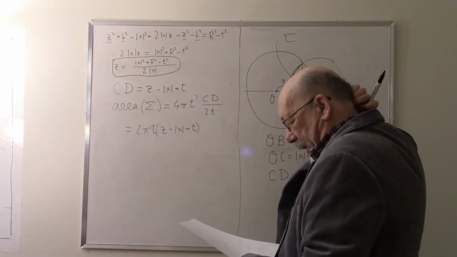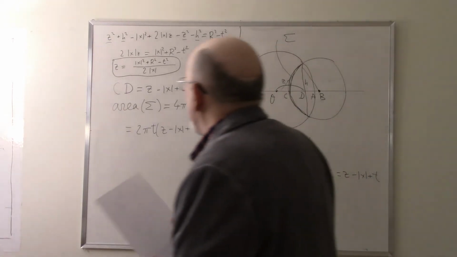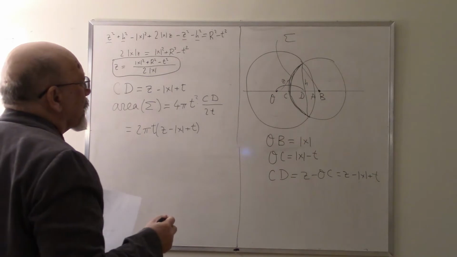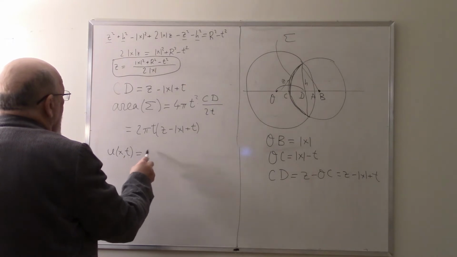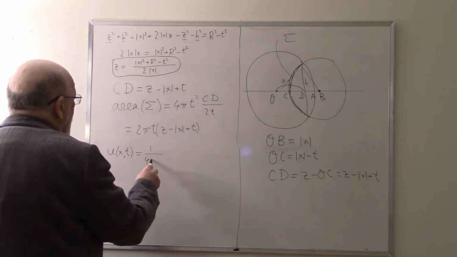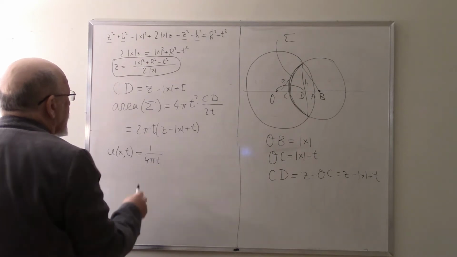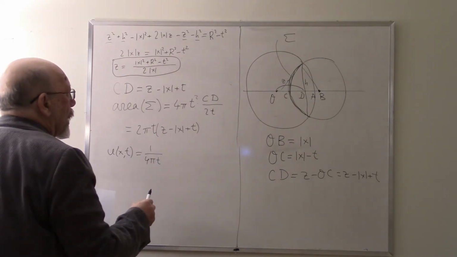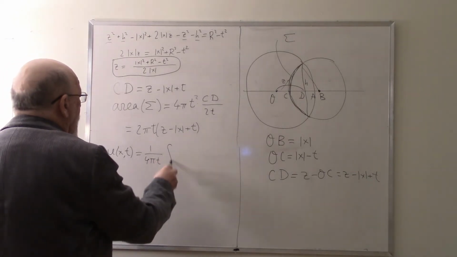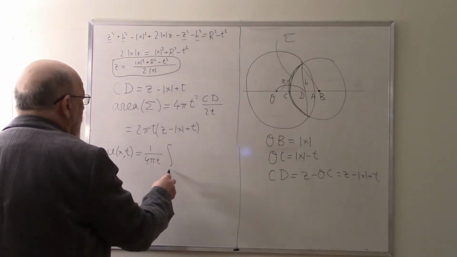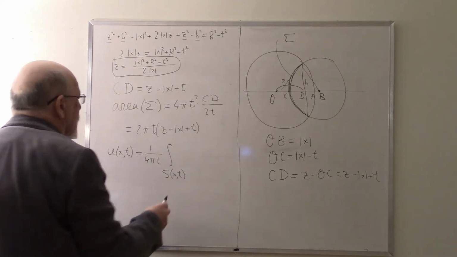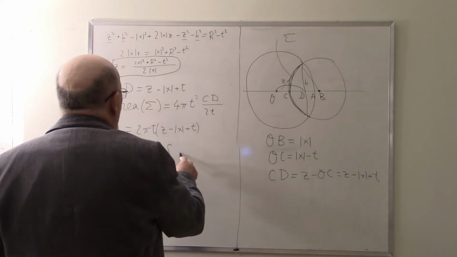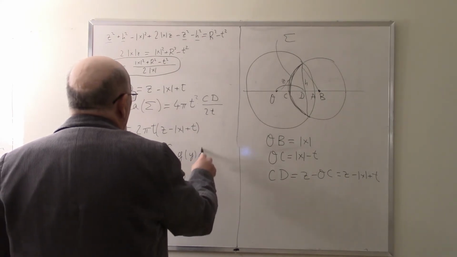And now from this we find the solution. U of x, t equals 1 over 4 pi t square integral over the sphere S of x, t of g of y dS.